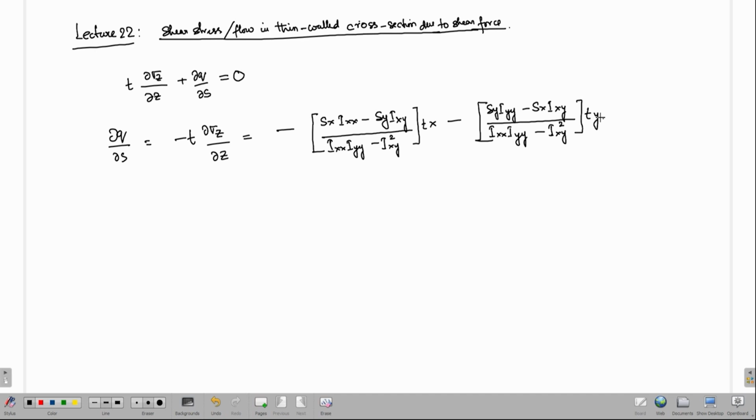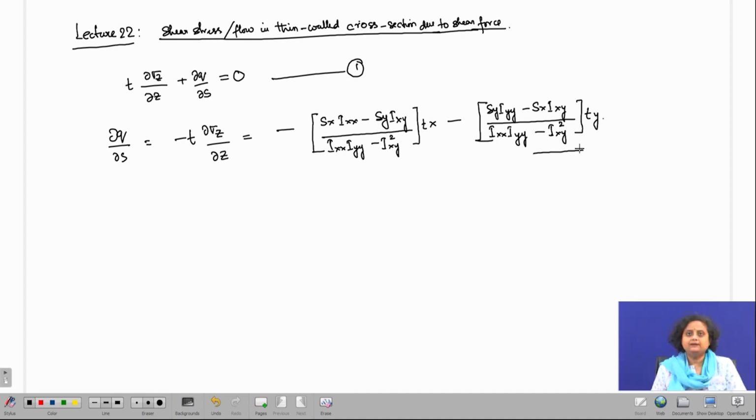So, in the last lecture we derived this equation, and from it we found that by using the expression of sigma z, taking del sigma z by del z, and substituting del moment by del z as the corresponding shear forces, we derived this expression.